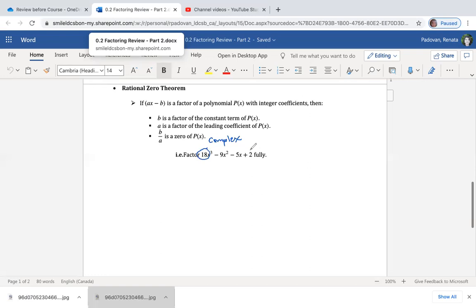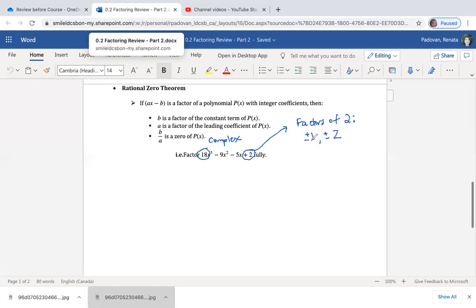I would look at the ending value, the positive 2, the constant, and I would list all my factors of 2, which luckily is a small number. So my factors of 2 are just positive and negative 1 and positive and negative 2, right?